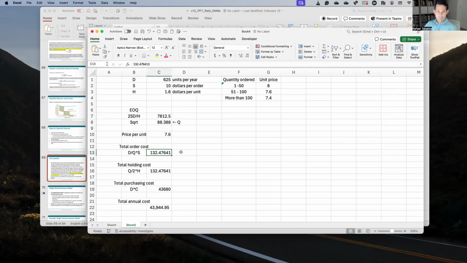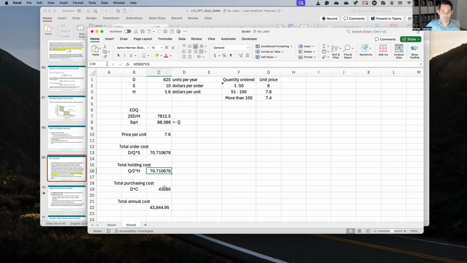My total ordering cost is equal to my annual demand divided by my Q times my cost to place orders, which is 10. My holding cost is equal to my optimal order quantity divided by 2, which is the average inventory, times H. Beautiful, the two numbers are the same.